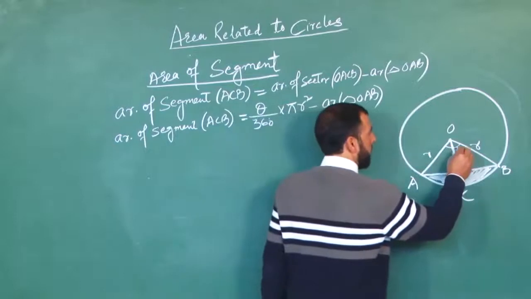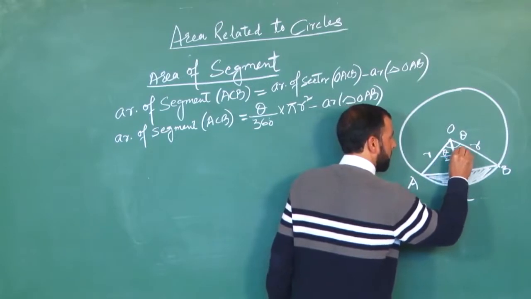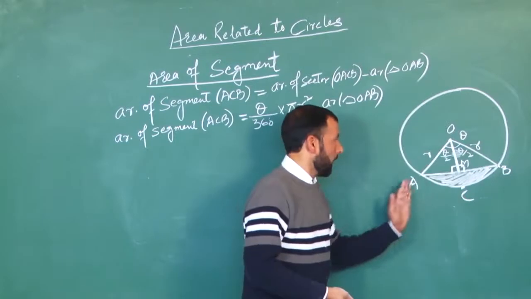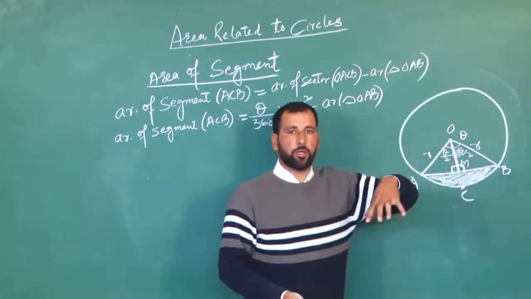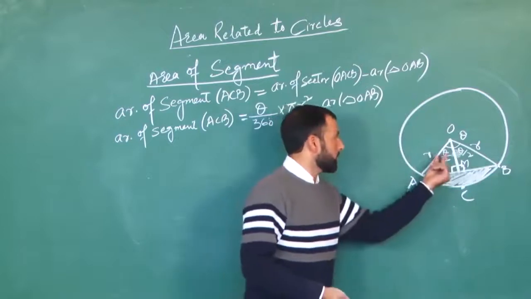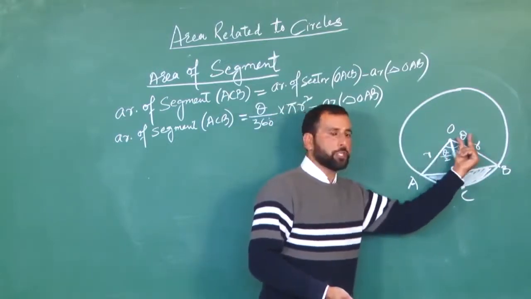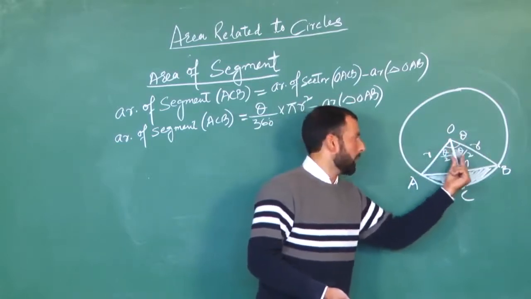If the complete angle is theta degrees, then this angle is theta divided by 2, and this one is also theta divided by 2, because triangle OMA and triangle OMB are congruent to each other by CBSE. So the two parts equal theta divided by 2 and theta divided by 2.